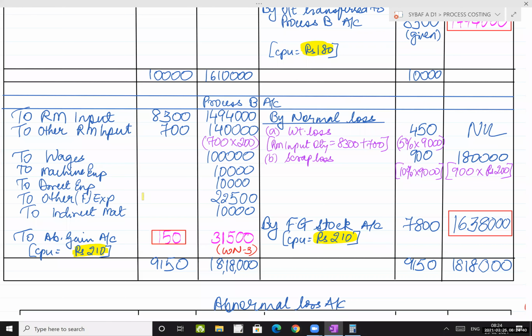Okay, done with process B. Note it down. Then we have to prepare abnormal loss, abnormal gain, and normal loss account, even CPU, CPL account, costing P&L.